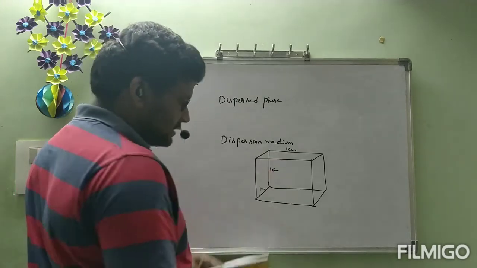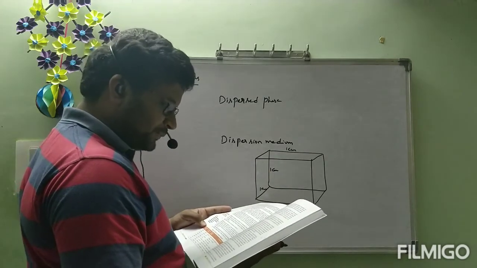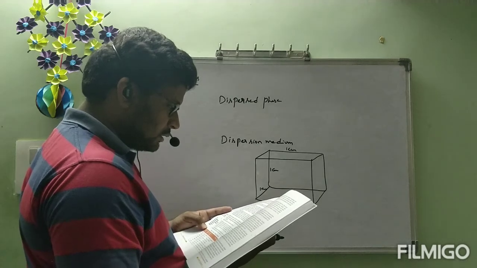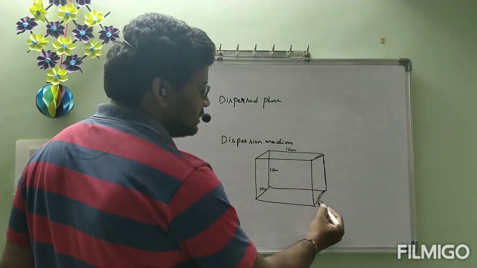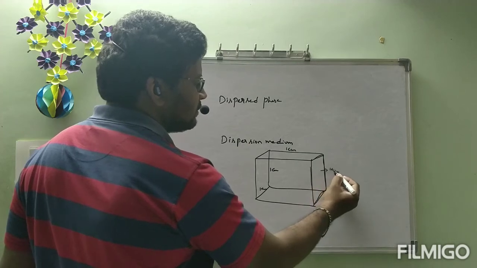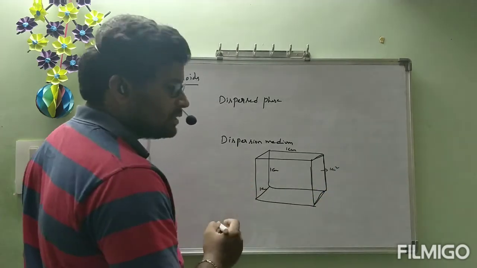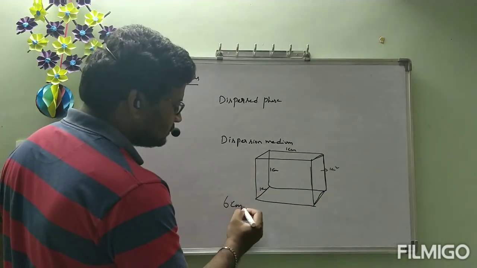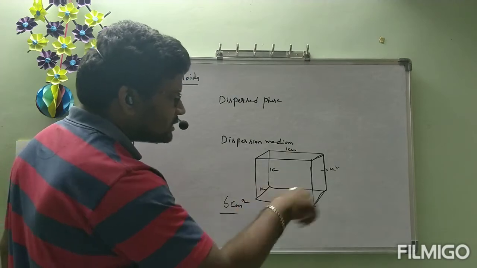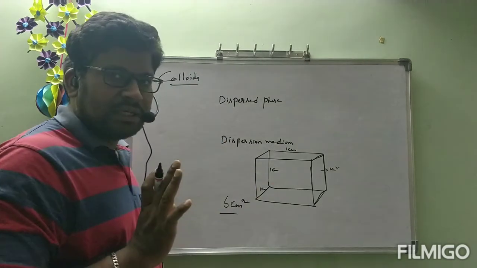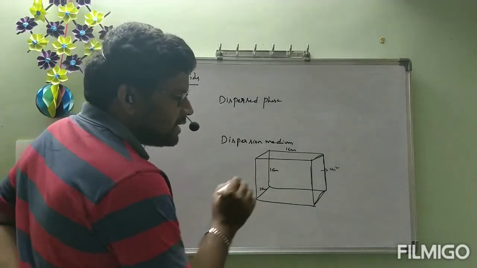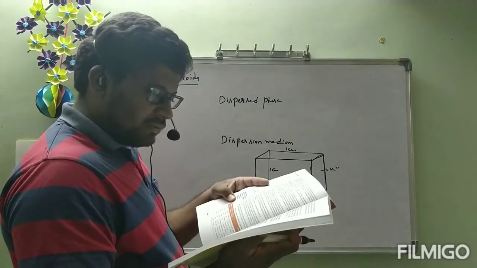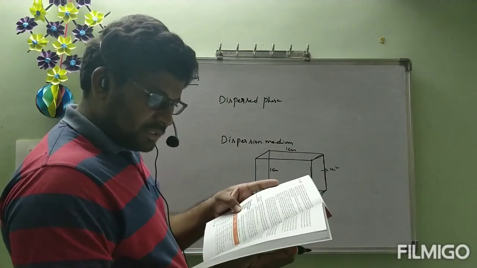This area is 1 centimeter square. The 6 faces are there, so the total surface area of this cube is 6 centimeter square. But what we are going to do now is make this into 60,000 cubes.